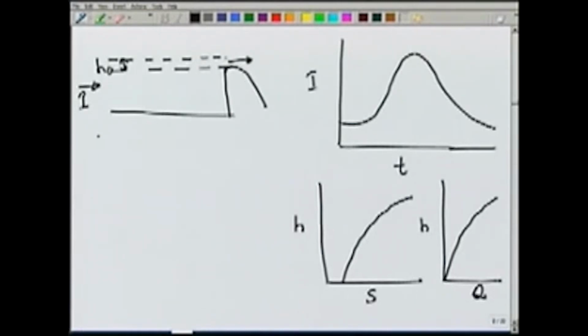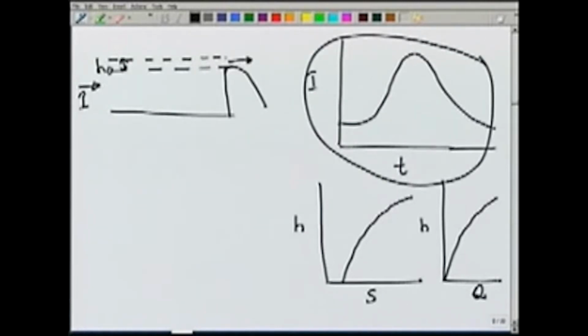The inflow hydrograph is given as this. So, at time t equal to 0, we know what the inflow I 0 is. In fact, the inflow hydrograph is known for all times. So, at any time we can find out what I is from this curve.